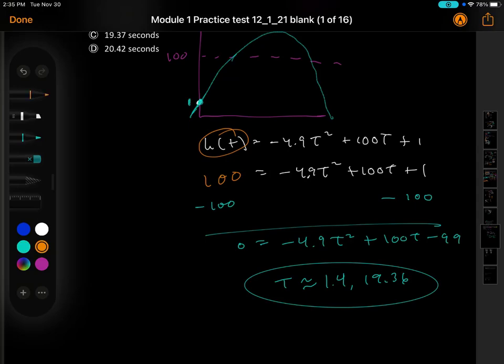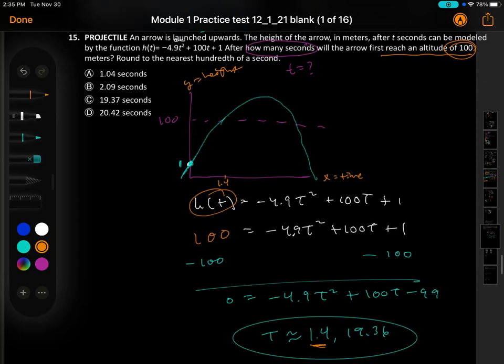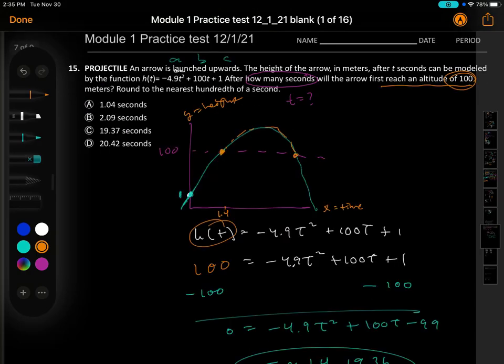So basically what that means is, the x-axis is time, and the y-axis is height. So after 1.04 seconds, it's at 100, and then it travels back down to that spot again at 19.36.